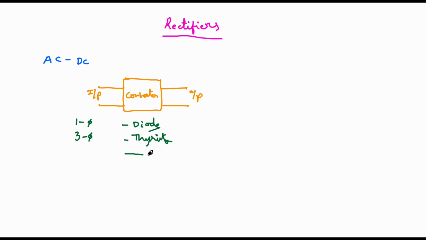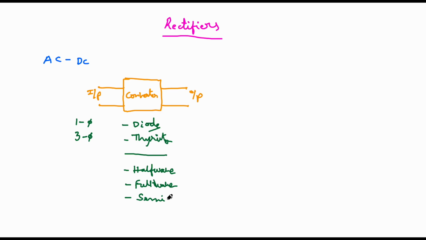And the next one is how they are connected. In which configuration? Generally they are half wave and full wave configurations, and even semi configuration also, that is called semi converter.